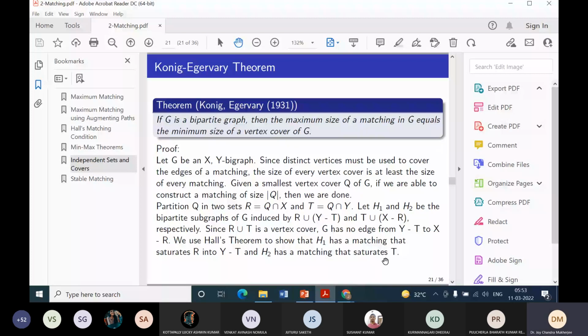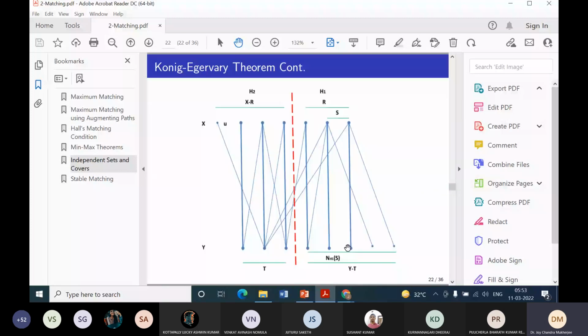So prove it like this. We choose a subset S of R.